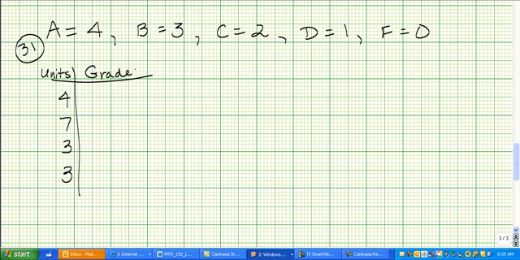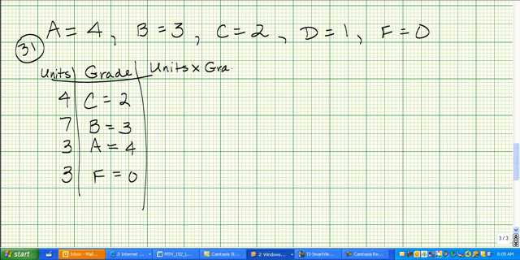Notice they are letter grades: C, B, A, and F. So a C translates as a 2, a B is a 3, an A is a 4, and an F is a 0. So what we do is take units times the numerical representation of the grade.